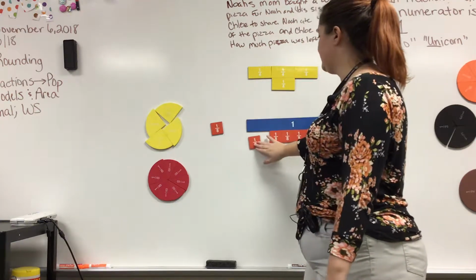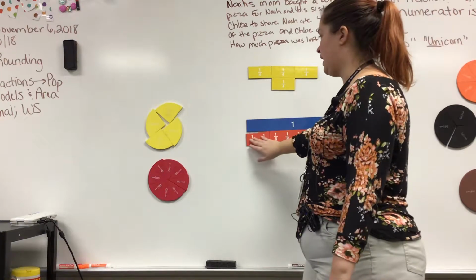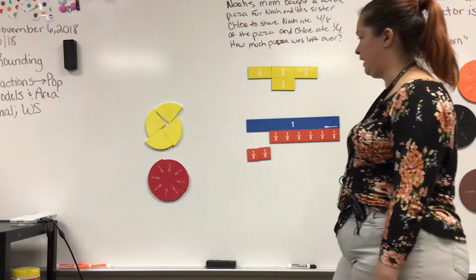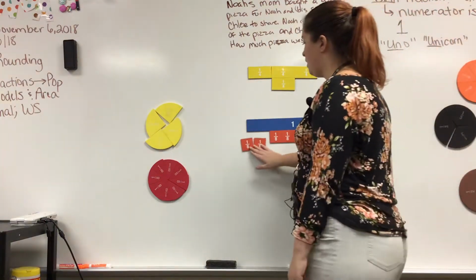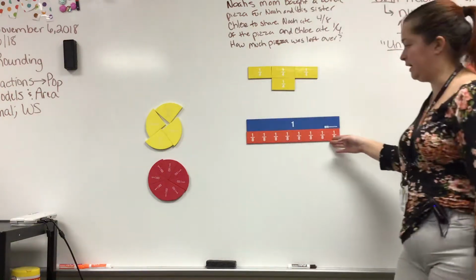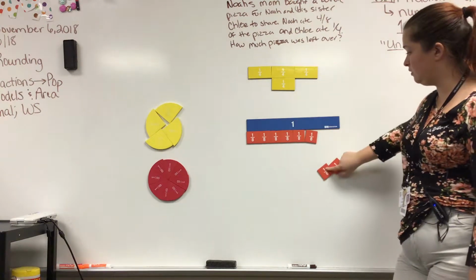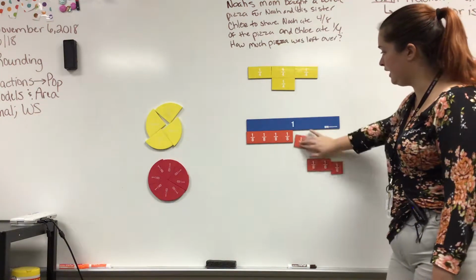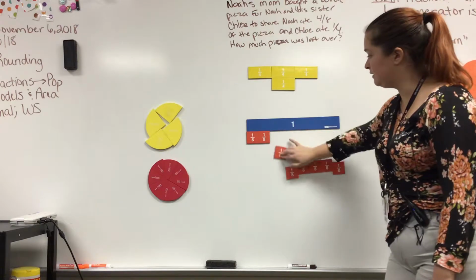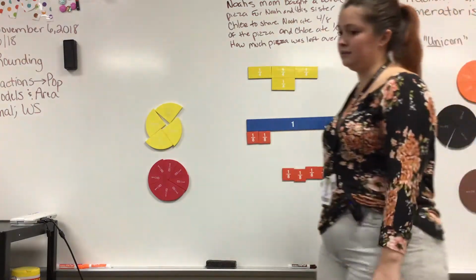So I can say 6/8, 7/8, 8/8. So I needed 2 more eighths to find my whole. Or I could just set it back up again to 8/8 and take away 6/8. 1/8, 2/8, 3/8, 4/8, 5/8, 6/8, and I'm left with 2/8.